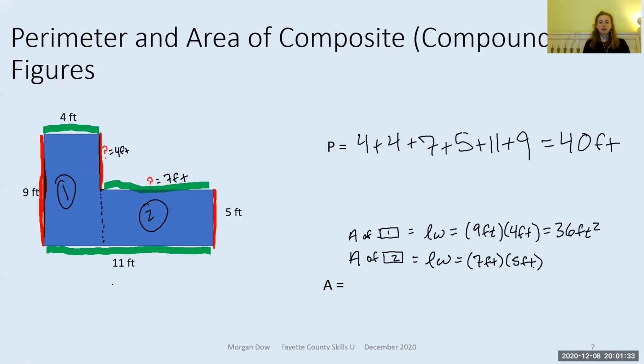You want to make sure you don't use that 11, because the 11 includes part of rectangle 1. We don't want that. We're just talking about rectangle 2 right now. So 7 times 5 gives me 35 square feet. And now I'm ready for the total area of this full shape. I'm just going to add up my 2 areas to get the total area. 36 and 35 together give you 71 square feet.